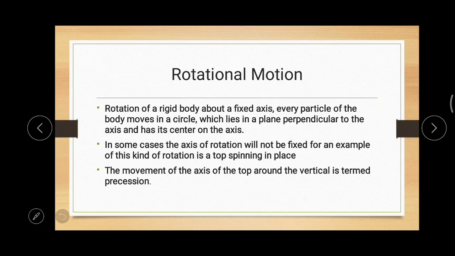The center of the rotation will be on the axis. And one more thing: if a particle is at the axis of rotation, it will have no velocity. It will be at rest only. Particles at the axis of rotation have zero velocity in the case of pure rotation.